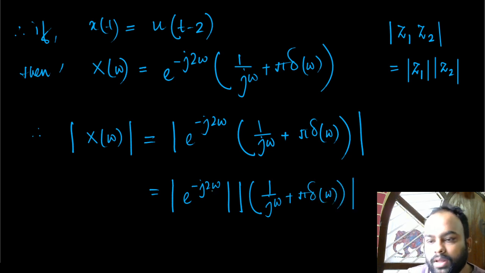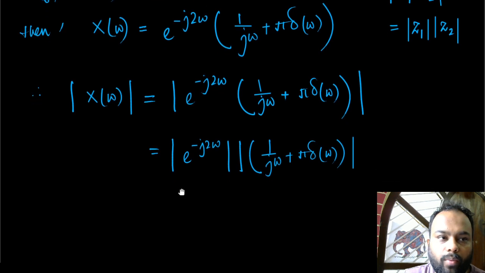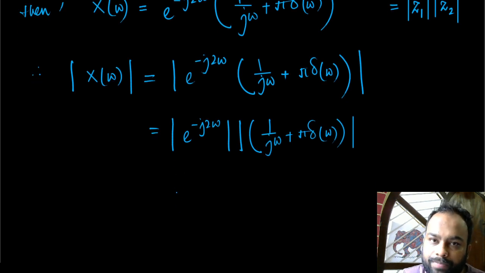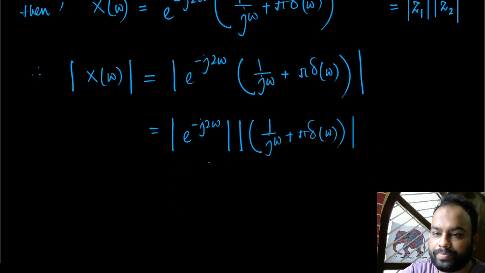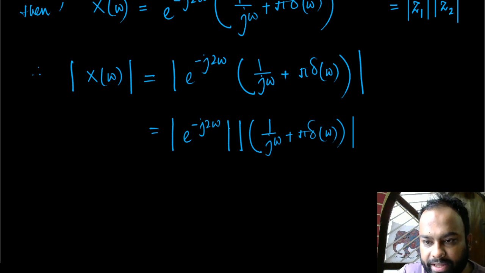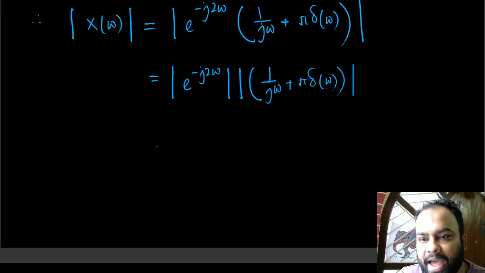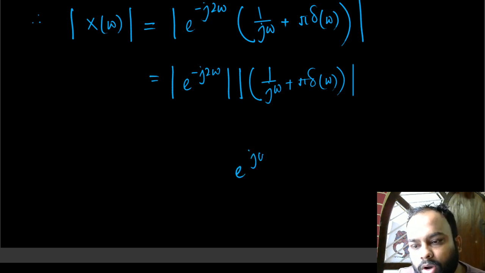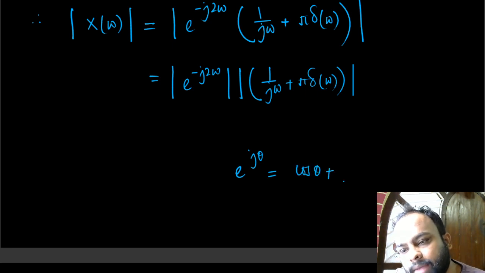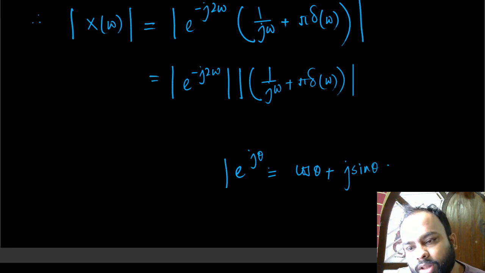right? Now this is just like before, when we calculated the Fourier transform for the unit step. But what is the modulus of this? As a matter of fact, what is the modulus of e to the power j theta? That's cos theta plus j sin theta, right? So what is the modulus of that?